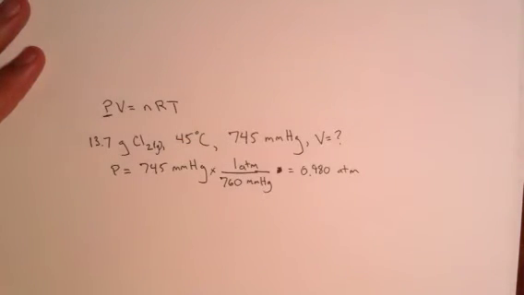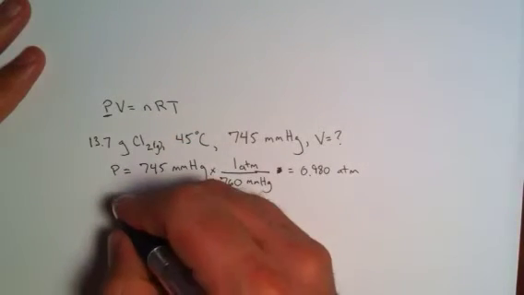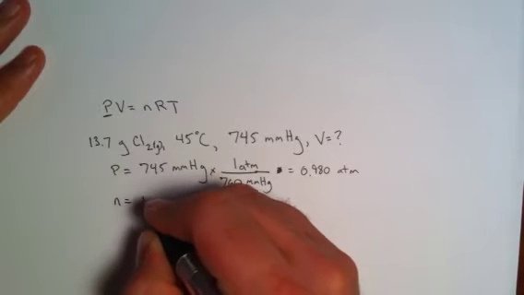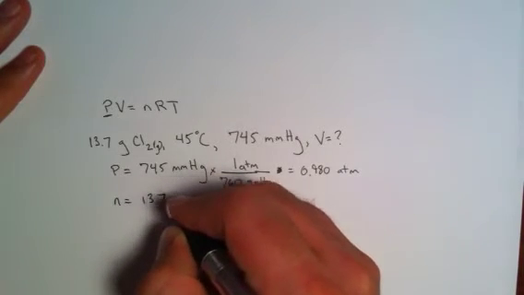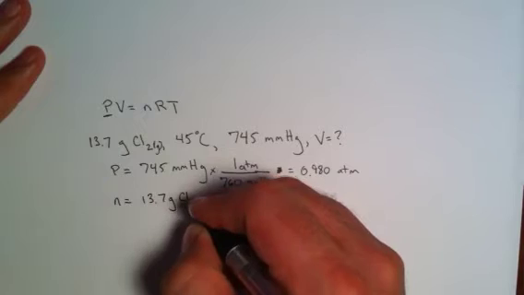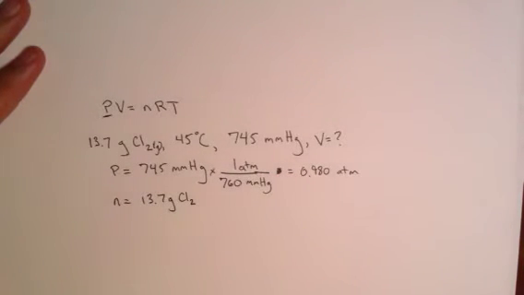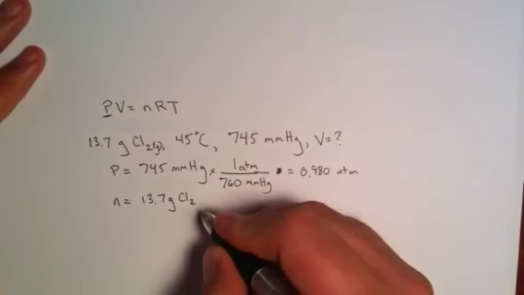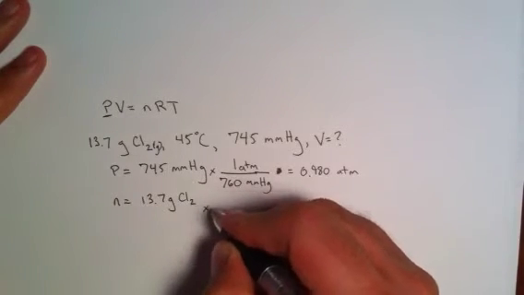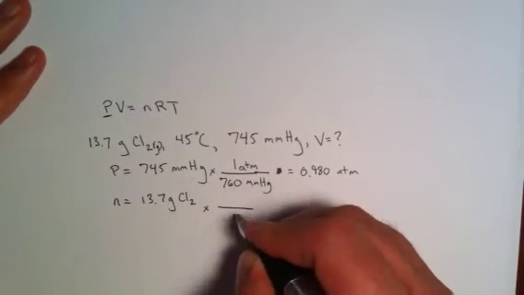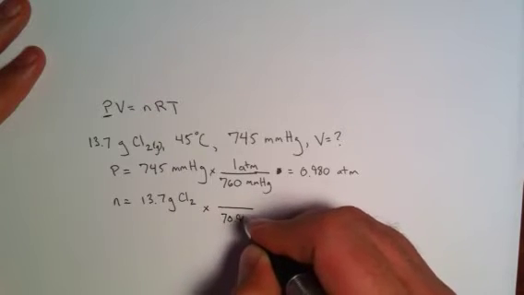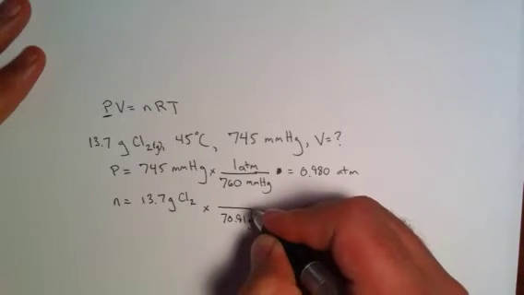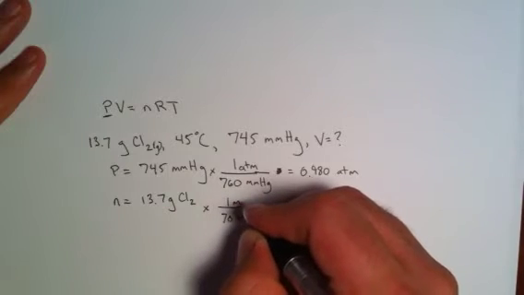Now let's work with the moles. We know 13.7 grams of Cl2. Last chapter we learned all about converting grams into moles. So you would find the molar mass of Cl2 just like we did in the last chapter, grams of Cl2 per mole.